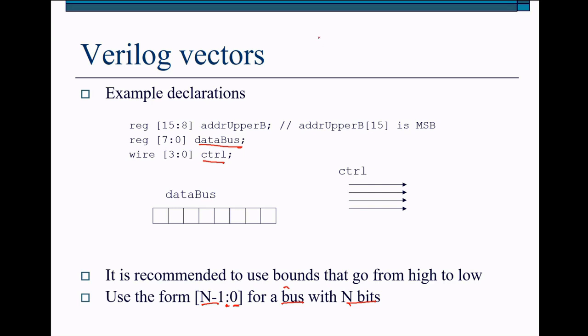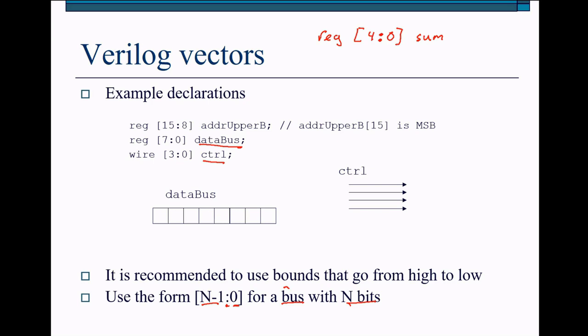To summarize, to declare a reg vector, you do so using the reg keyword, space, square bracket, integer, colon, 0, close square bracket, and space followed by an identifier.